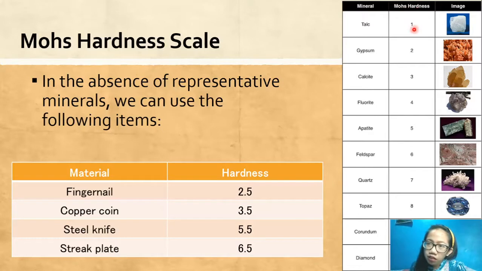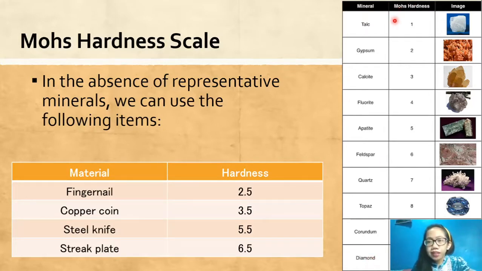Then the scale goes up to the diamond, which is 10. There are actually other minerals harder than diamond, but for simplicity's sake, we will just focus on 1 to 10.